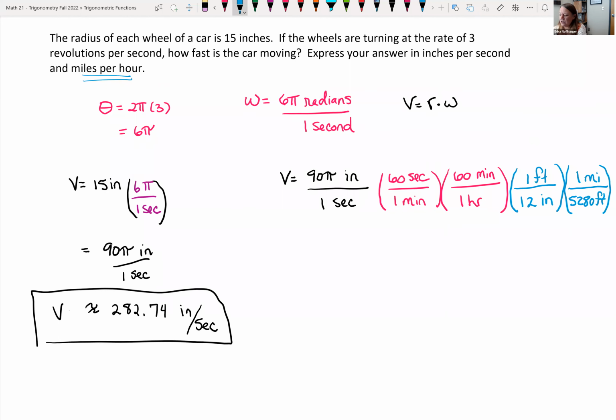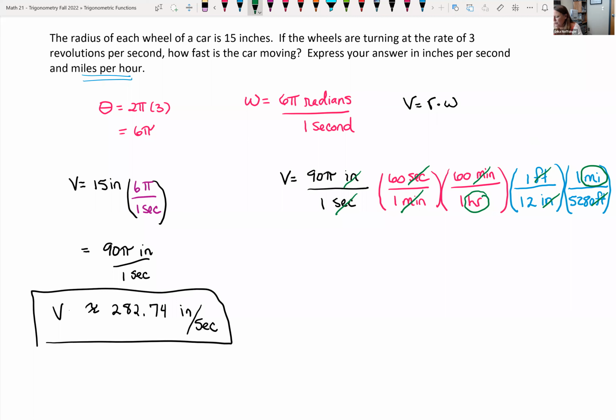So now we can start simplifying our units. Seconds cancel, our minutes cancel, our inches cancel, our feet cancel. So we're left with our miles, which we wanted, and our hours, which we wanted.